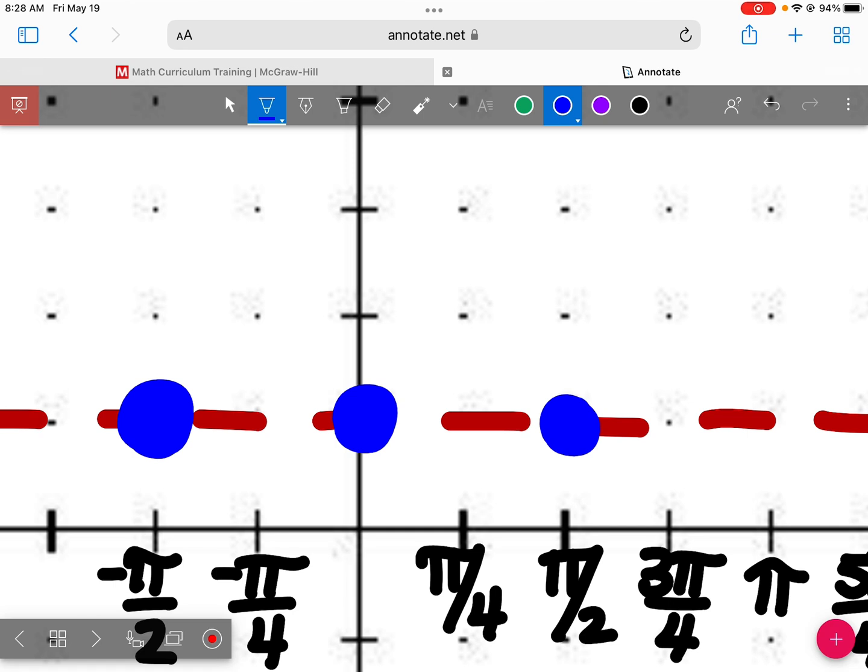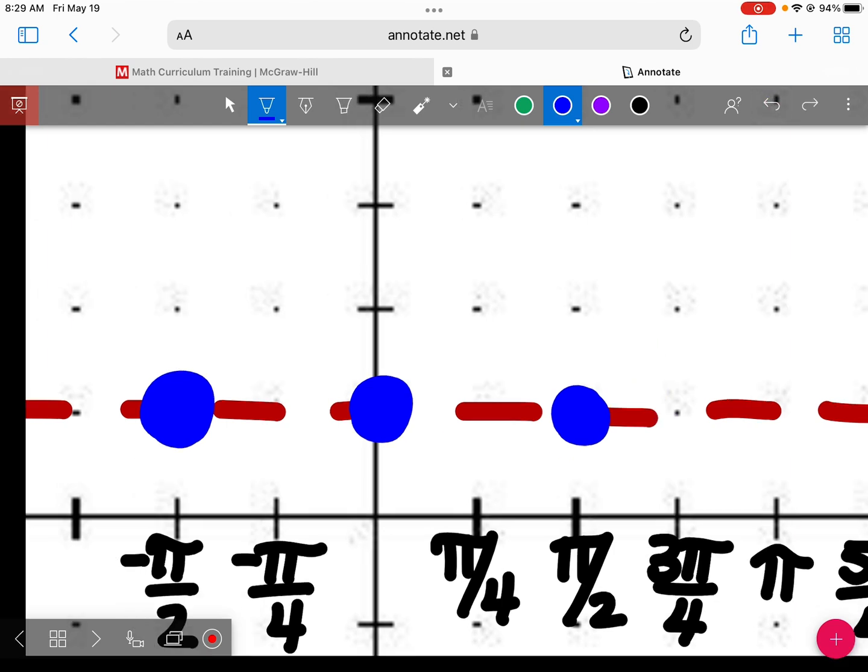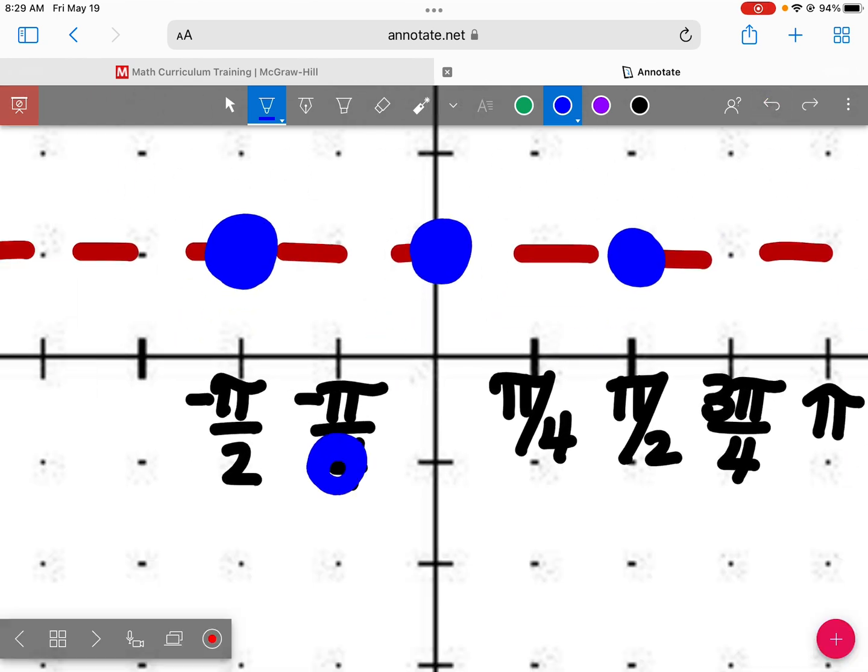Down first. Down first and then up. So halfway in between these 2 points, so right here at negative pi over 4, we're going to go down whatever our amplitude is off of that midline. So down 2 off of the midline. So that puts my point right here.